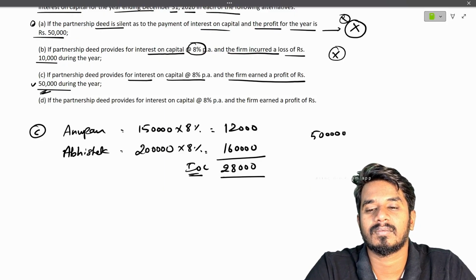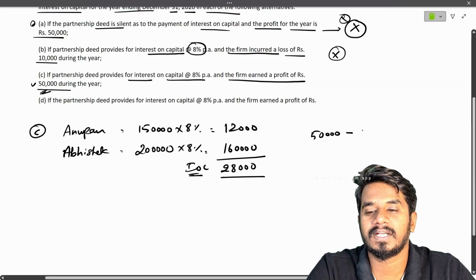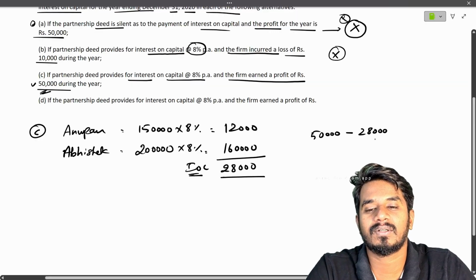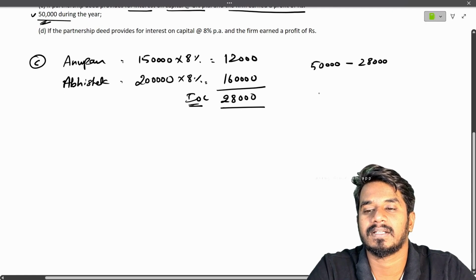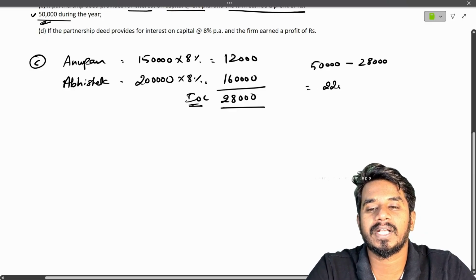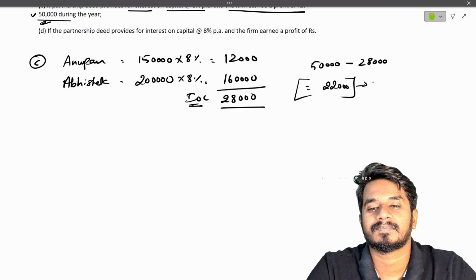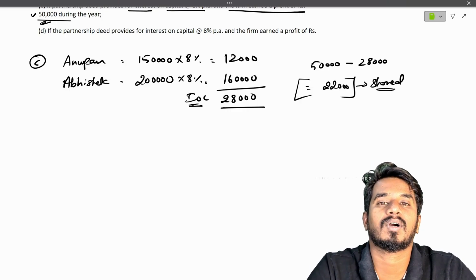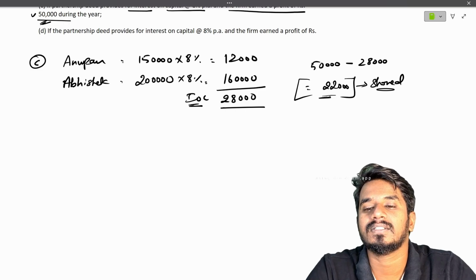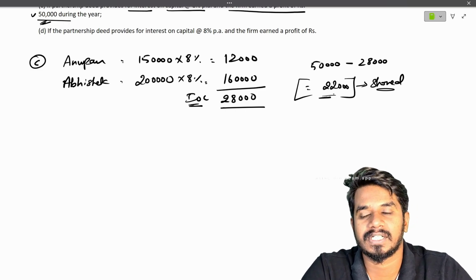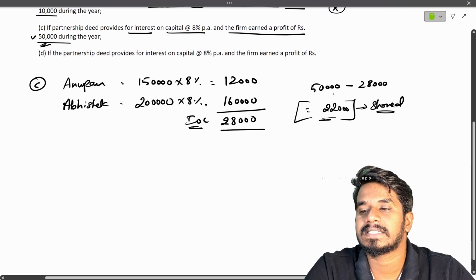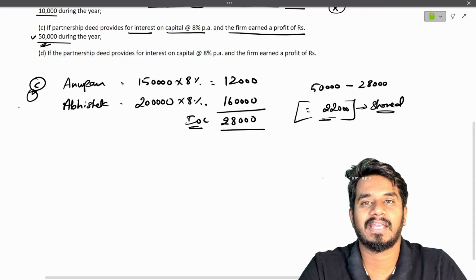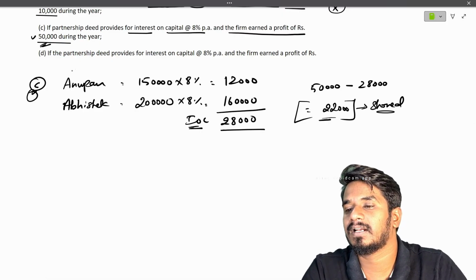Then the remaining 22,000 will be shared among the partners as profit, in their profit sharing ratio. Understood? The C case, or third case, is done.